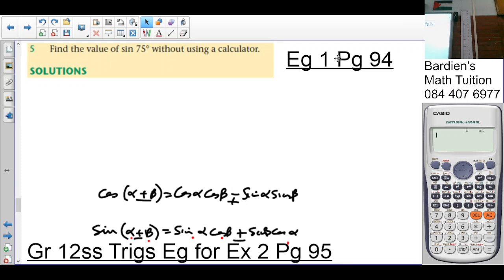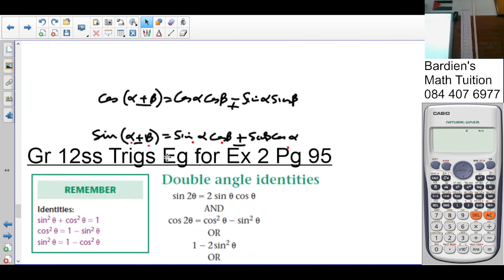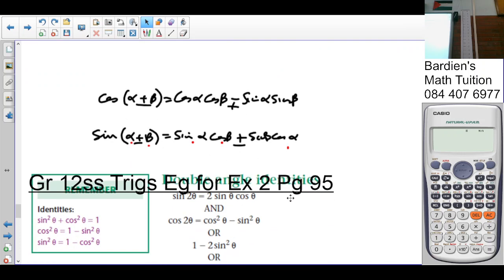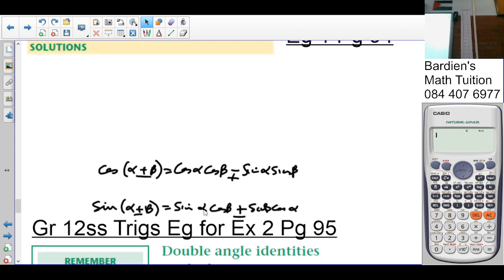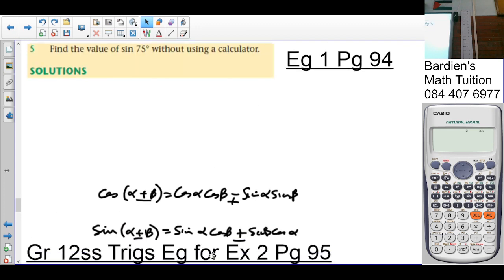Number 5. We are told to find the value of sine 75 without the use of a calculator. Sine of 75 without the use of a calculator. So looking at this here, if it gives you angles and it says without the use of a calculator, what comes to mind?